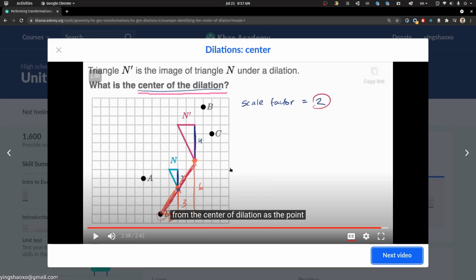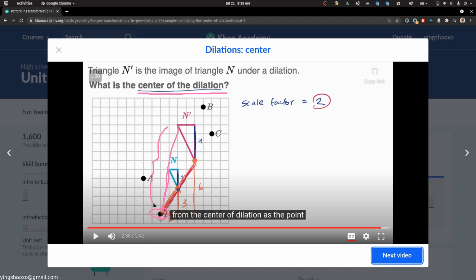Okay, so in this video, he just introduced us to a concept called the center of dilation. Well, what is the center of dilation? You probably have never heard it before, but now you know it: it's just a point where, for each point, you connect this central point to your object. For example, this one. They will have the same scale ratio or scale factor for the 2 objects.